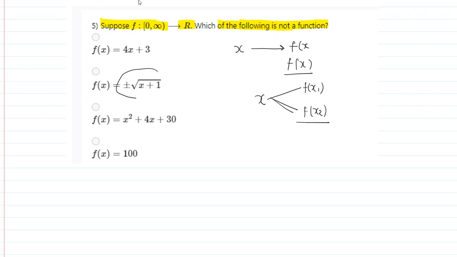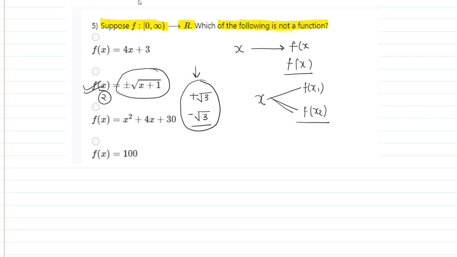In this case, if you put 2, then what do you get? You get plus root 3 and minus root 3. So for one value of x, it gives two values in the codomain, which means this is not a function.